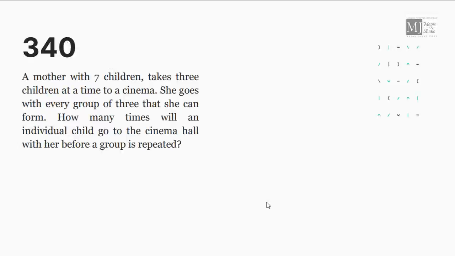Answer. A mother with 7 children takes 3 children at a time to a cinema. She goes with every group of 3 that she can form. Let's stop here and see how many groups can be formed. That would be 7C3, 7 into 6 into 5 by 6, that is 35. So 35 different groups can be formed.